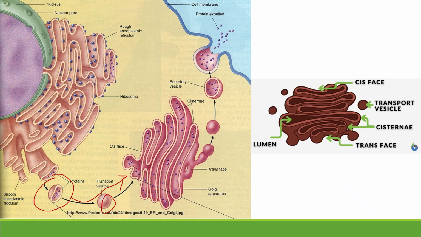Here you can see the structure, the cisternae, and there will be formation of a vesicle like a secretory vesicle, and slowly it is moving towards the cellular membrane, so it will go outside. So this is the exocytosis process.